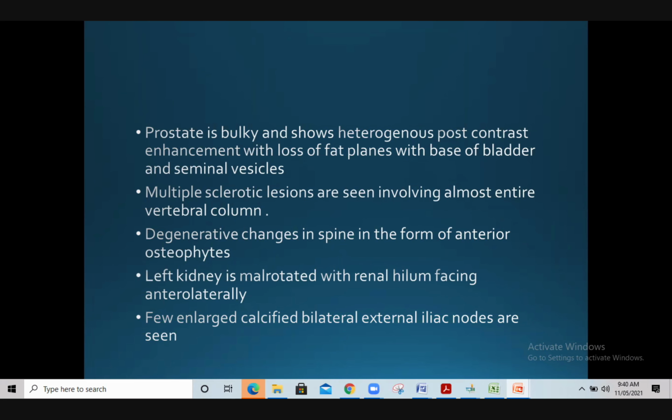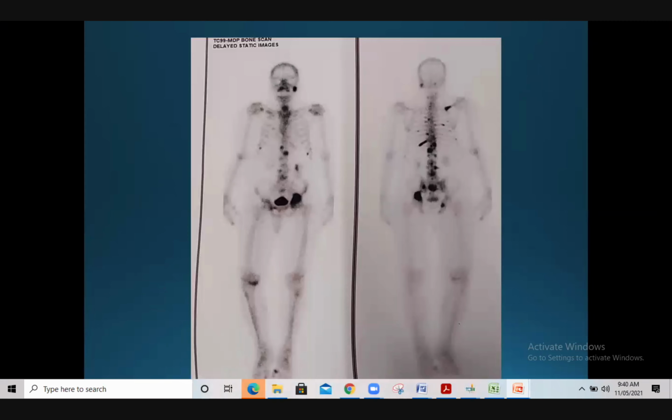Do you have a bone scan? Show him the bone scan. You see, bone scan.